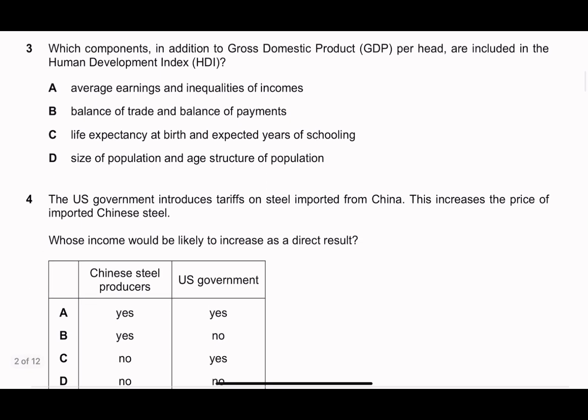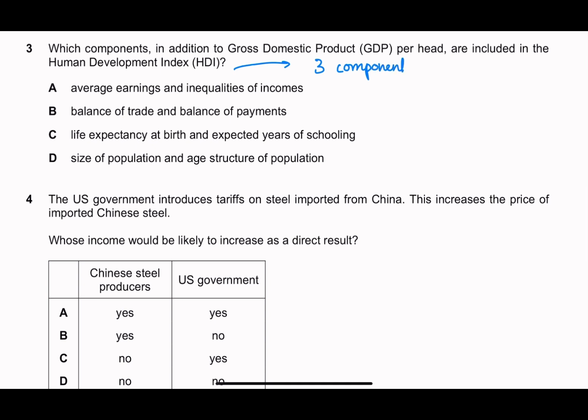Question 3, which components in addition to gross domestic product per head are included in the Human Development Index? So the Human Development Index is an indicator developed by the UN, which is composed of 3 main components.